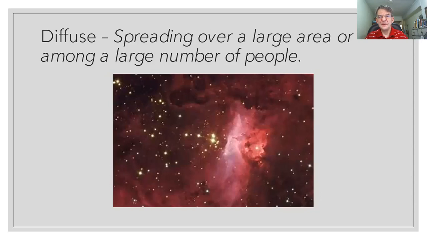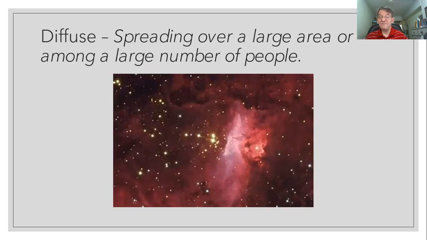Diffuse. Diffuse means spreading over a large area or among a large number of people. Now, this photograph is a picture of a nebula out in space. And a nebula is made up of gas that has diffused over large areas of space.